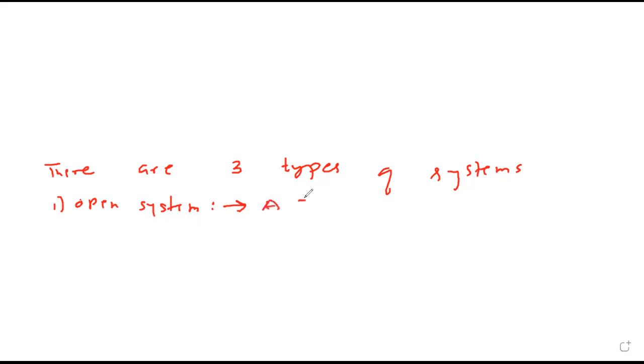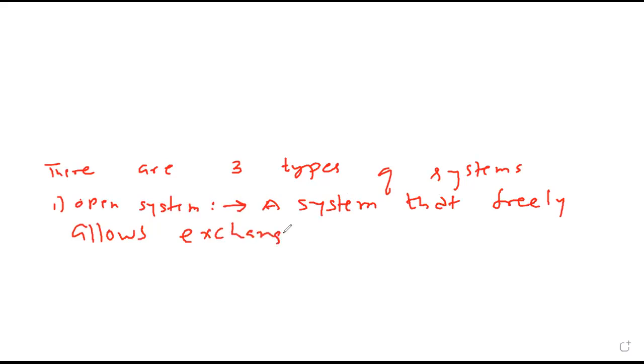So a system that freely allows exchange of energy, that is heat, and matter. So when water boils, water particles go up. So matter is also traveling along with heat.